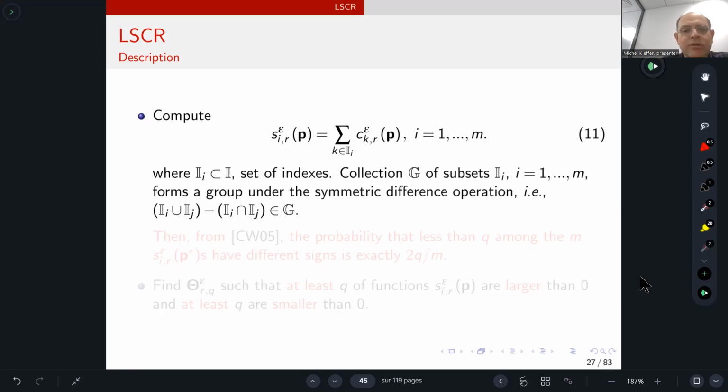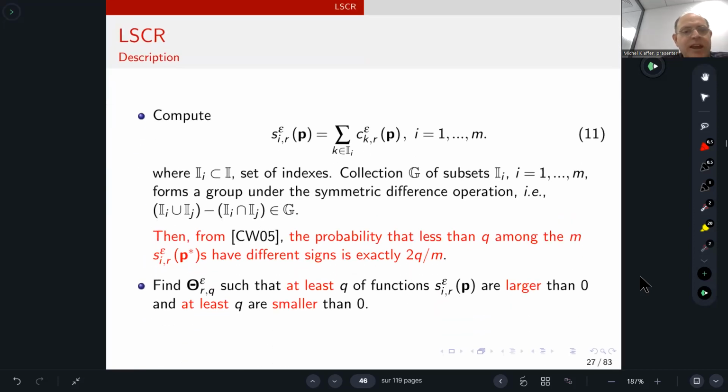I do not go into the detail of why, but this collection of subsets has to be closed under the operation of symmetric difference. You take the union of two elements of the set, take the intersection, and remove it, making the difference, and this operation has to be closed. So if you take any element, applying this operation, you should get an element which belongs to G.